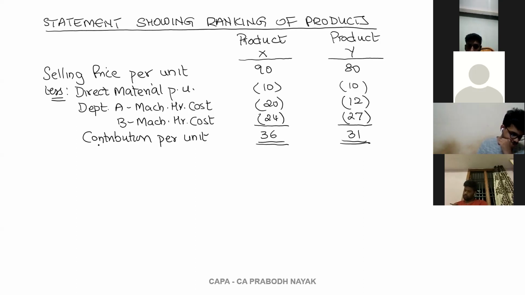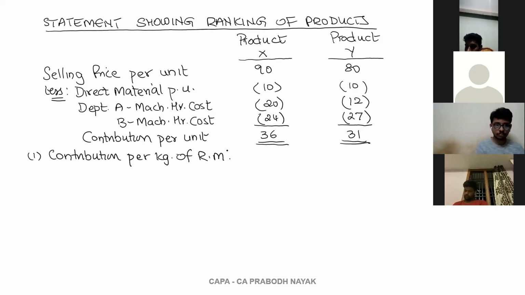Now, three rankings we have to do, so three contributions are required: contribution per kg of raw material, contribution per hour of Department A, and contribution per hour of Department B. We'll do one at a time. Number one, contribution per kg of raw material. One unit requires 2 kgs.